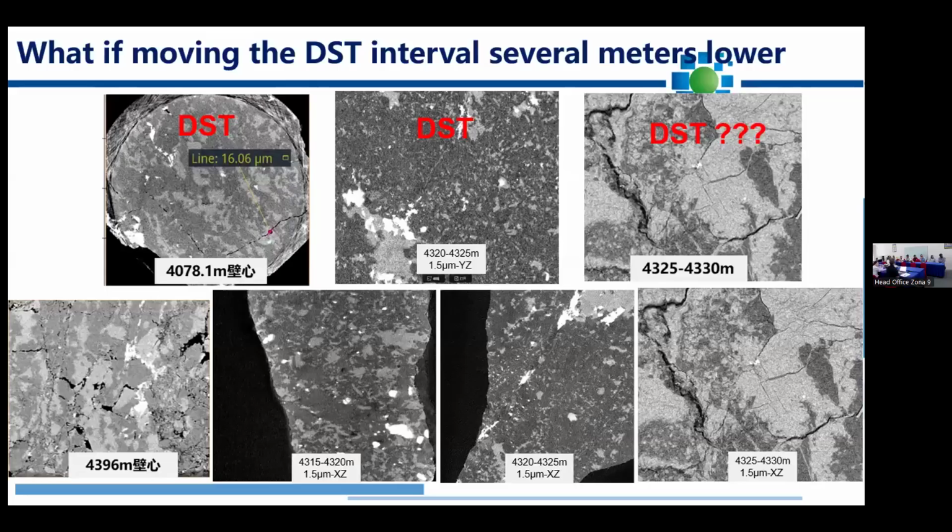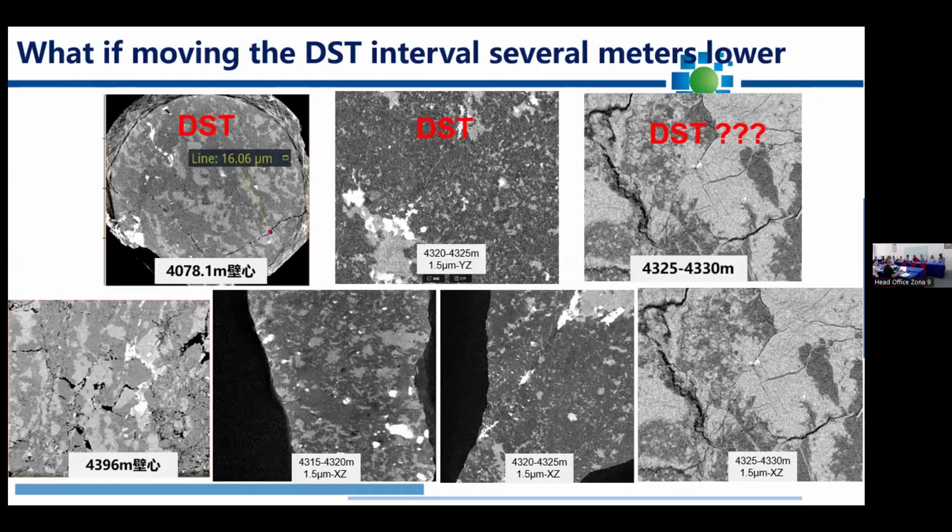The data they used to design their DST interval with wireline included FMI. They got some interpretation to understand the fracture distribution of the reservoir, so they thought this might be a good one. They got oil recovered, but not very good. So that's what I asked them.